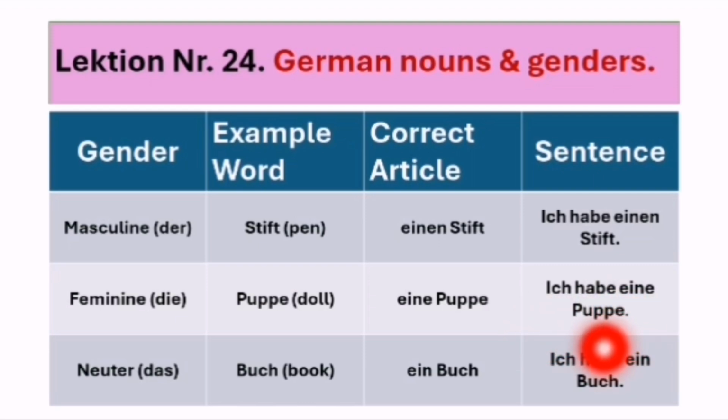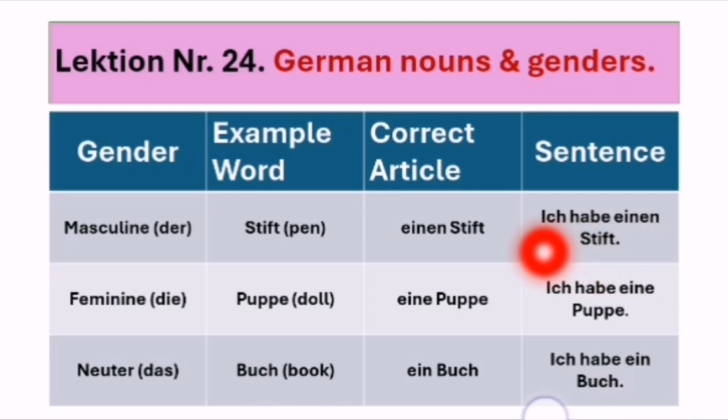I have a doll. Now neuter. For neuter we use das. Buch. Buch means book. Ein Buch. Ich habe ein Buch. I have a book. So now compare this sentence to the first one.